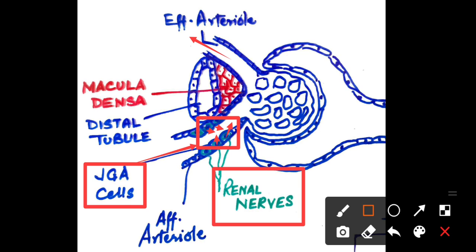When aldosterone is produced in the blood, it increases the sodium reabsorption from the DCT. As we have discussed in the physiology of the nephron, this aldosterone hormone acts on the distal convoluted tubule, and it increases the sodium absorption into the blood.